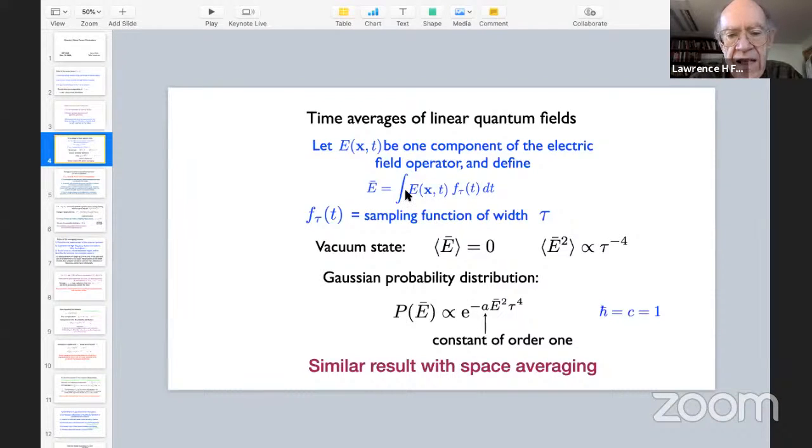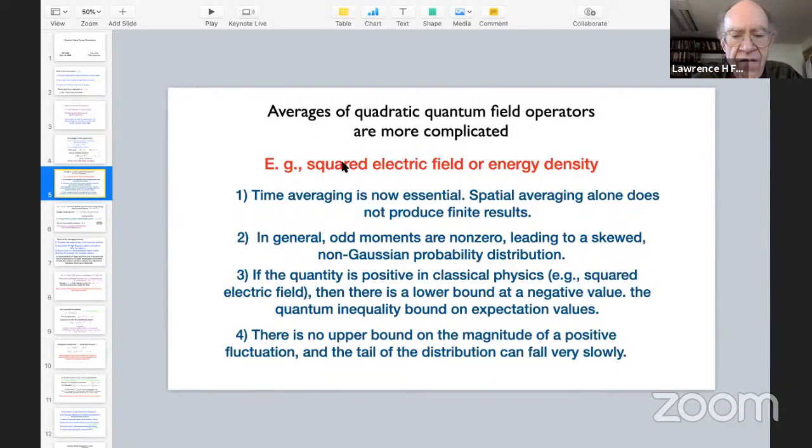If you averaged in space, you would be taking a spatial average of the averaging function, which also will decay for large values of the argument. But now when we go to the case of quadratic operators, you're averaging something a little more complicated. You're averaging a double sum involving products of plane wave modes. And the crucial terms will involve exponentials in time, e to the minus i omega plus omega prime times t, where omega and omega prime are the frequencies of the modes.